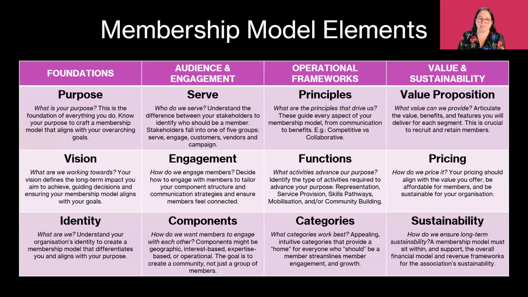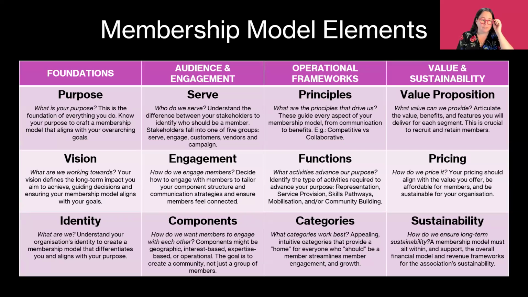So one of the things that I did is I went through and said, well, what are the fundamentals to a membership model? Categories only being one, what are the other elements? And so we've identified these 12 elements here that pertain to every membership model. So what I want to do in the very limited amount of time we've got today is just walk you through each of those elements so you can see why consideration of each is so important when you're thinking about constructing a membership model that's going to be fit for purpose into the future.